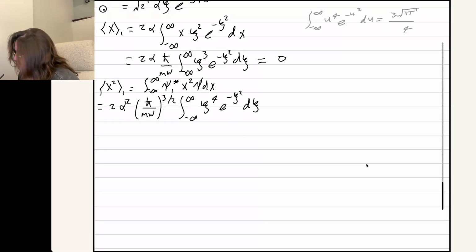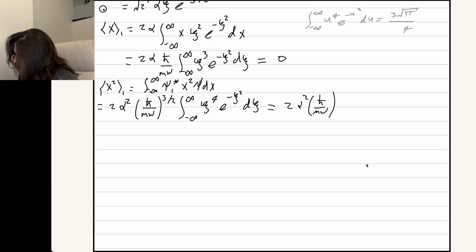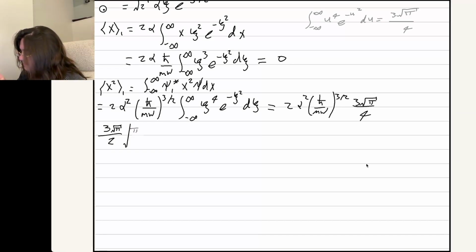So we have that form. Just apply it here. 2 alpha squared h bar over m omega to the 3 halves times 3 root pi over 4. Expanding the definition of alpha and canceling out the 2, we'll have 3 root pi over 2 times square root m omega over pi h bar.